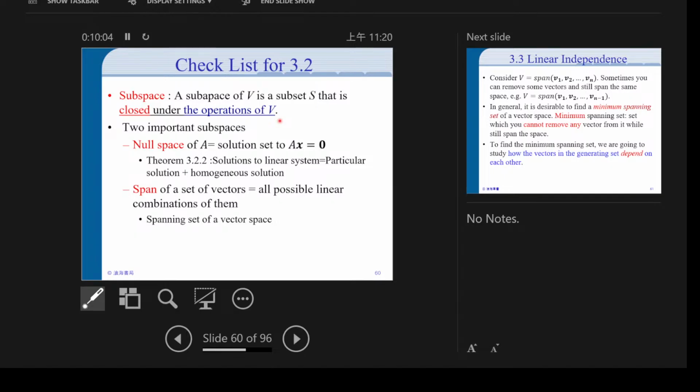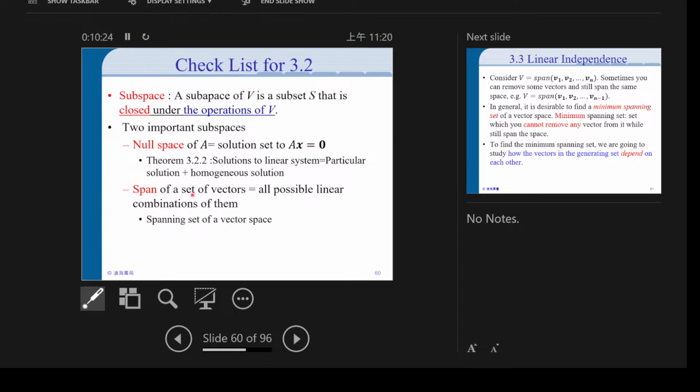First is the null space of A, which is the solution set to Ax equal to 0. Okay. And we have a theorem saying that the solution to Ax equal to b is a particular solution plus a homogeneous solution to Ax equal to 0.